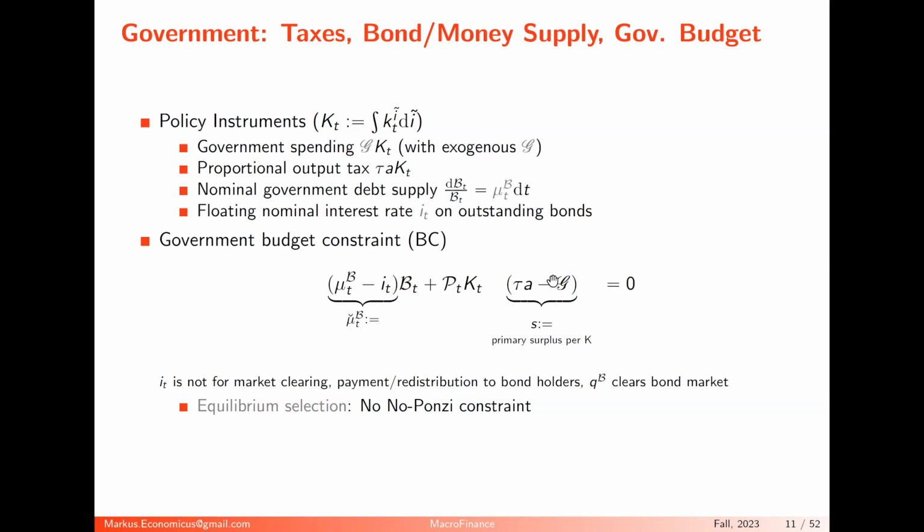G times K is the real government expenditures, times P is the nominal, P is the price level. So that's the total primary surplus in nominal terms. Without the P, it's a real primary surplus, and without the K, it's a primary surplus per unit of K. Again, we have this AK technology. Everything is scaled up or down by K.